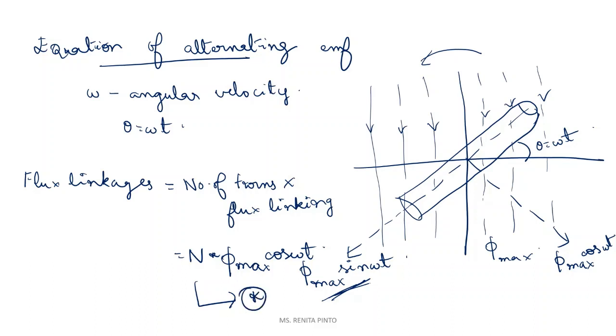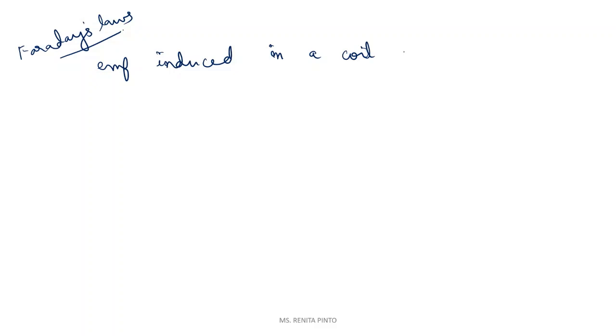Okay. Now, let us just remember Faraday's laws of electromagnetic induction. What do Faraday's laws of electromagnetic induction state? According to Faraday's laws, the EMF induced in a coil is equal to the rate of change of flux linkages of the coil.